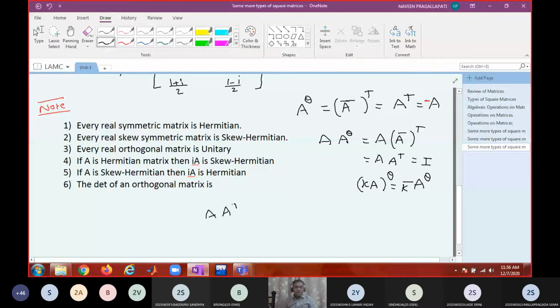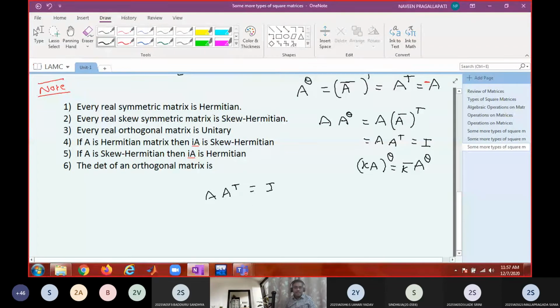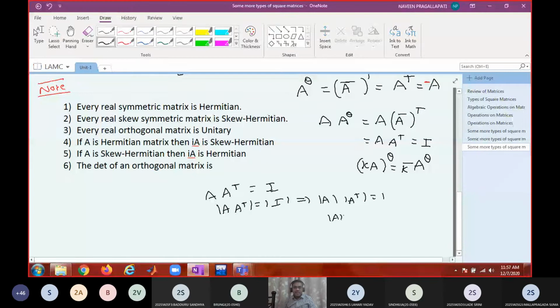A A transpose equal to I, no? Apply determinant on both sides. Det of A A transpose equals det of I, so det A into det A transpose equals 1. But det A transpose is det A. So det A whole square equal to 1 means det A is plus or minus 1. So determinant of an orthogonal matrix is plus or minus 1.